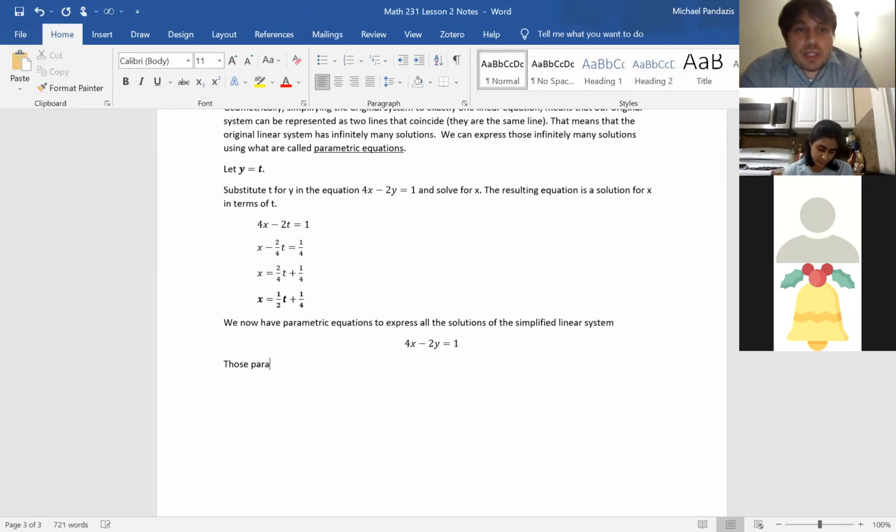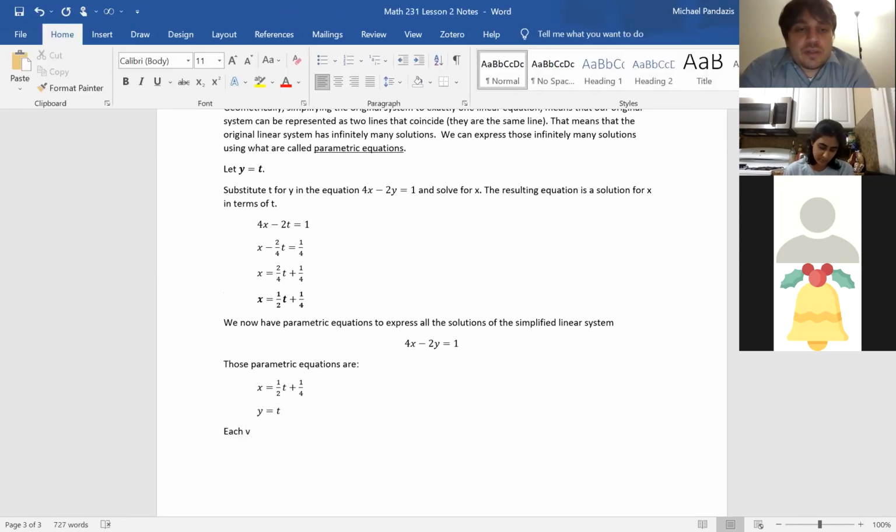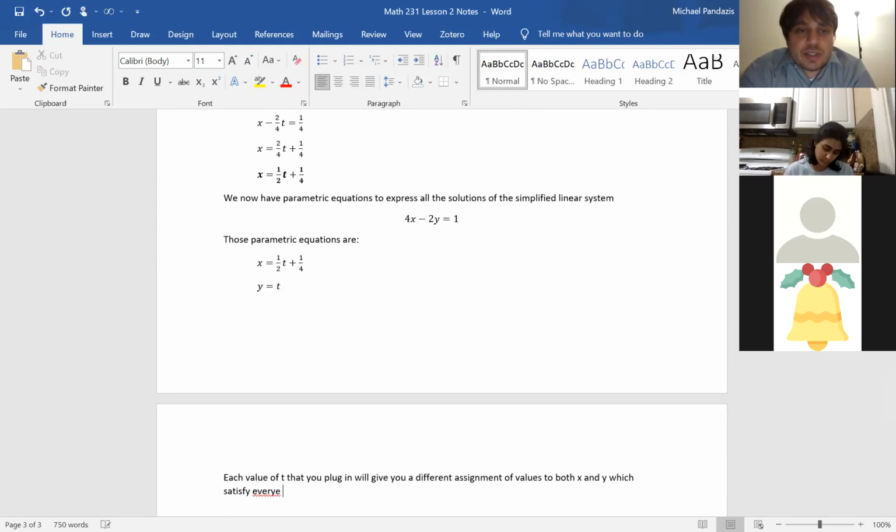Okay, those parametric equations are, so x is equal to 1/2 t plus 1/4, and y is equal to t. Okay, each value of t that you plug in will give you a different assignment of values to both x and y, which satisfy every equation.